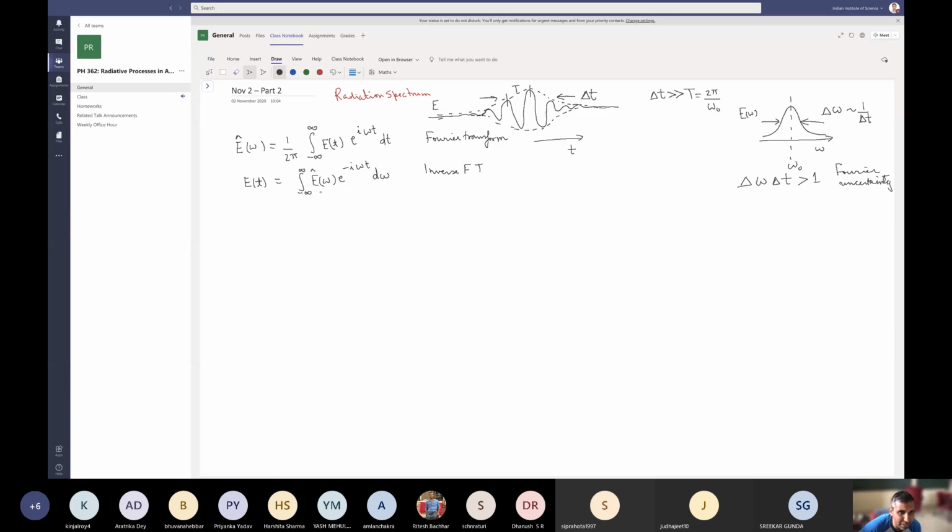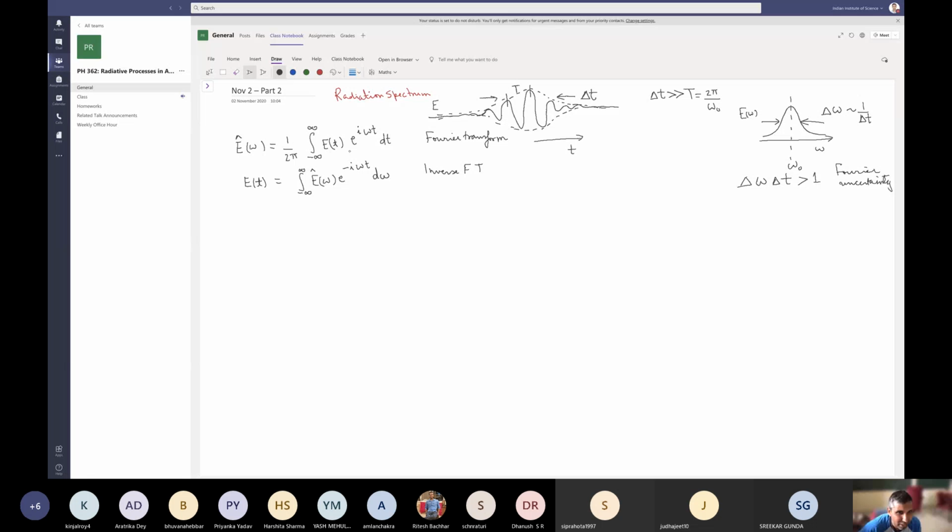This relation has to be satisfied in order to go from frequency to time space and vice versa. I hope everyone has done some basics of Fourier transforms, right? I'm not going to show all these things explicitly; I'm assuming that you already know it.